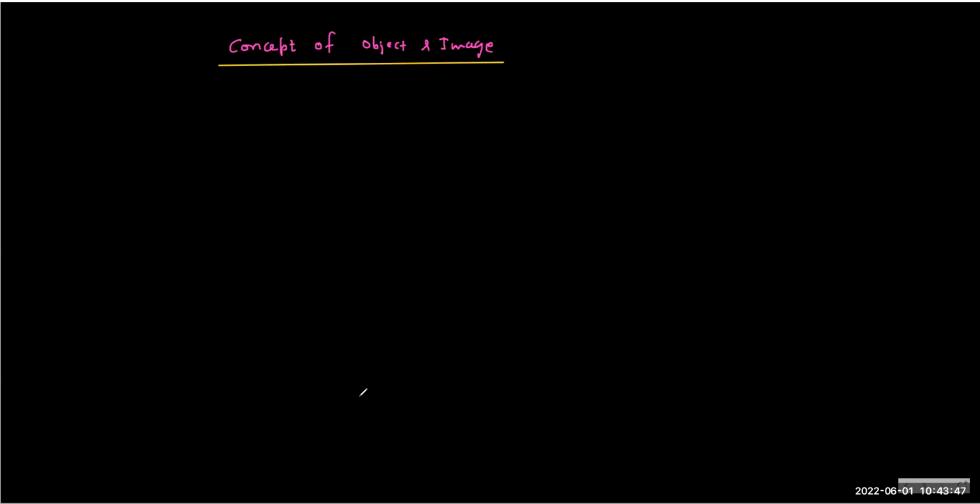Okay. So object and image. First of all, we need to understand that object means the physical object. So for any optical element, now what is the meaning of optical element?